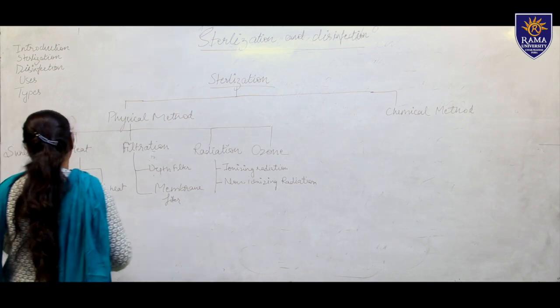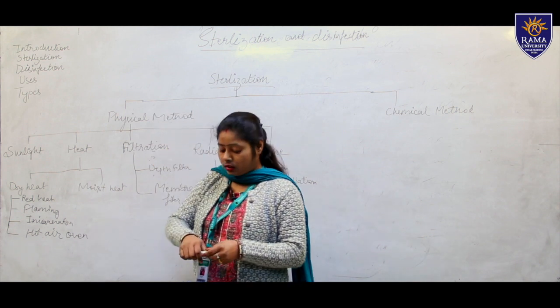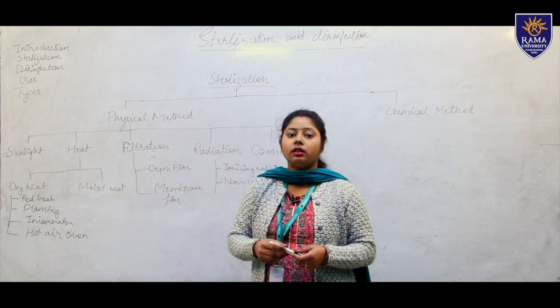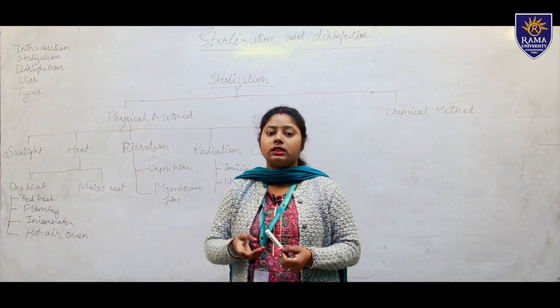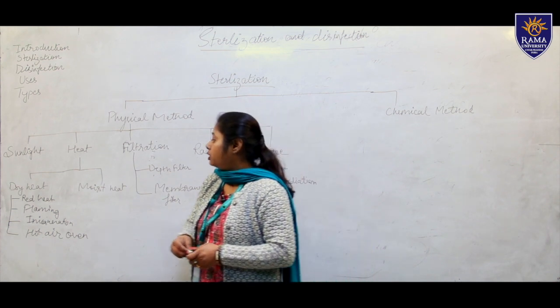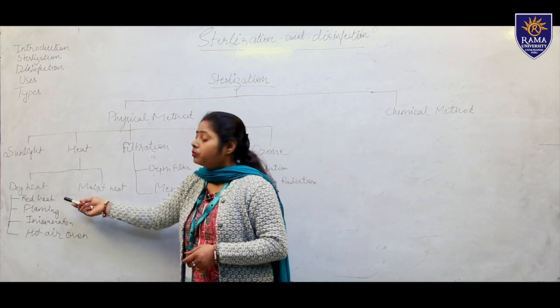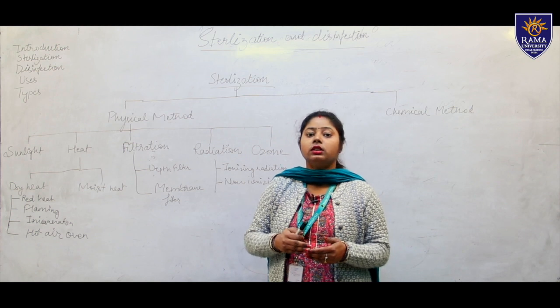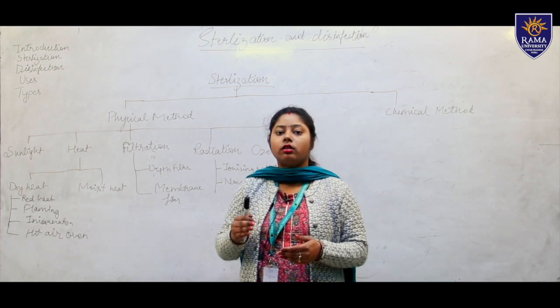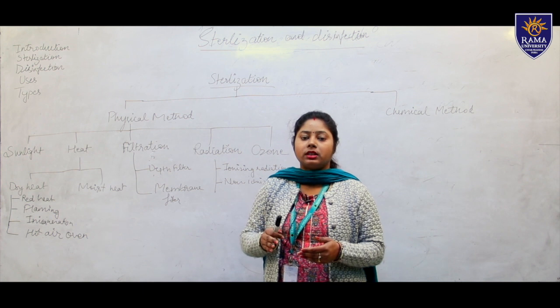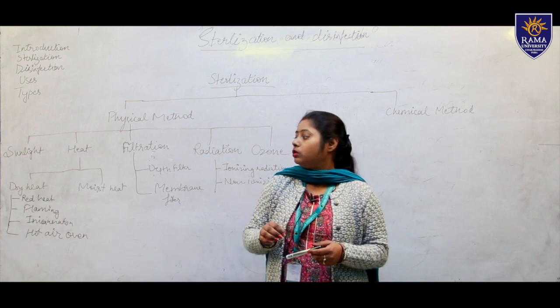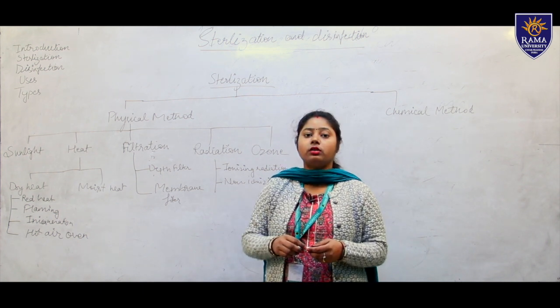In red heat, in the laboratory we use wire loops, needles and many other things. These things are held in the Bunsen burner flame to allow them to reach red heat.